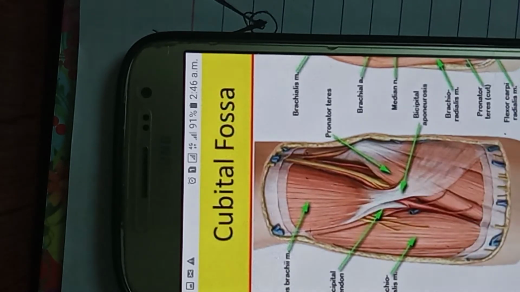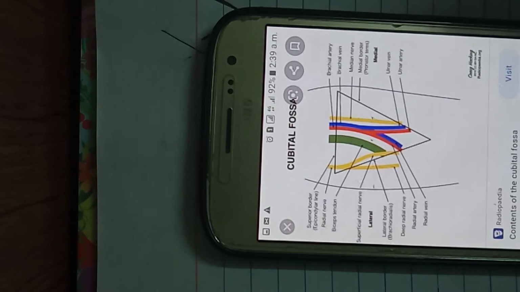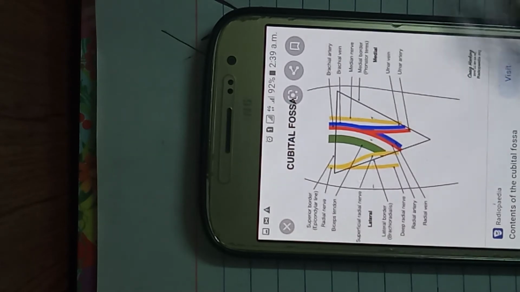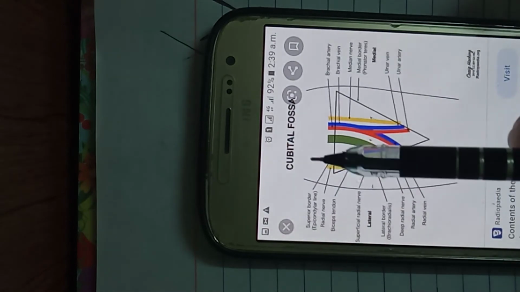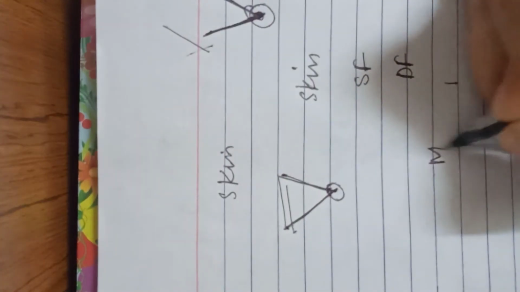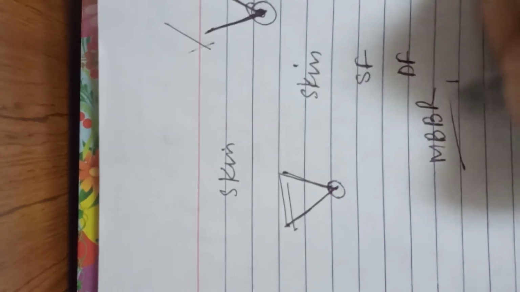Coming towards the contents of the cubital fossa, there is a trick to remember the contents, that is MBBR.